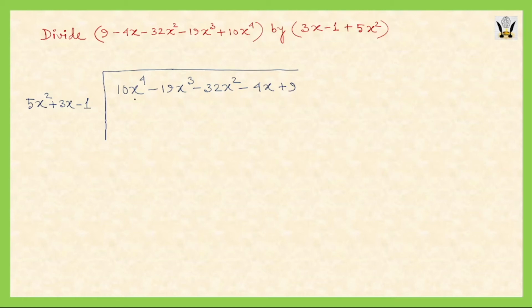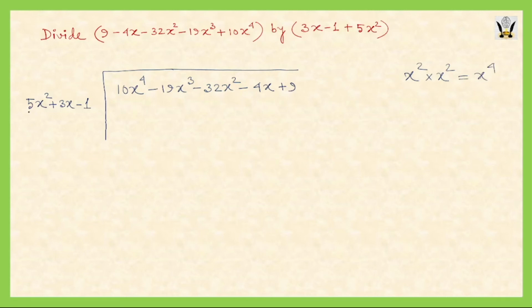Now the first term of the dividend has power 4, and the first term of the divisor has power square. These are the highest powers. So we have to multiply by such a term that x square becomes x to the power 4, matching the dividend. x square times another x square gives x to the power 4, so we multiply with x square.